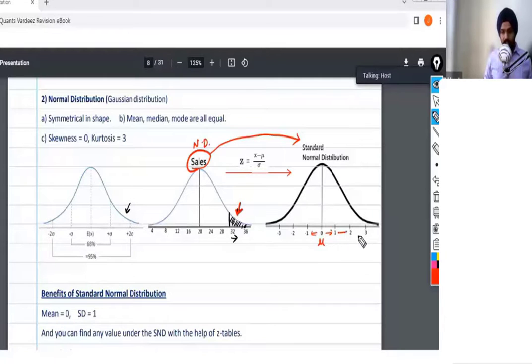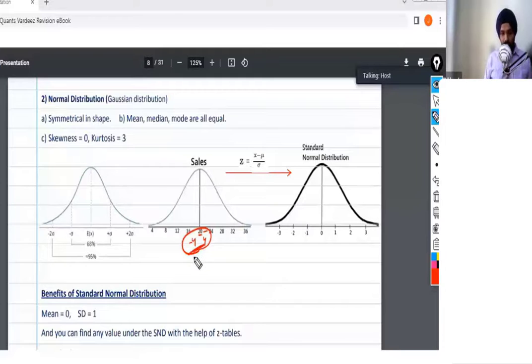Over here we have 1 standard deviation, 1 standard deviation, and so on and so forth. That's the benefit. Here we have different standard deviations. 24 minus 20, that's 4; 16 minus 20, that's -4, and so on and so forth. So here the standard deviation is different. If you have other data, maybe revenue, any kind of company data, the standard deviation will be different.